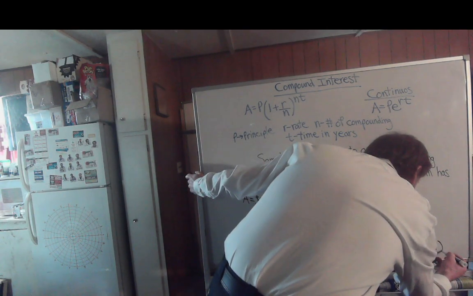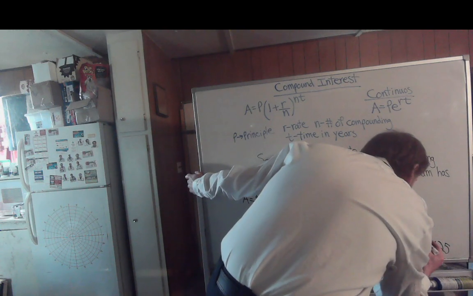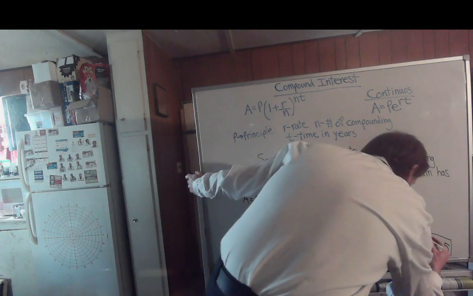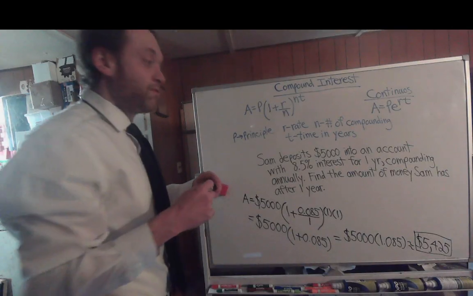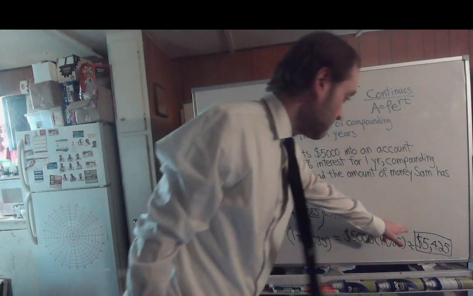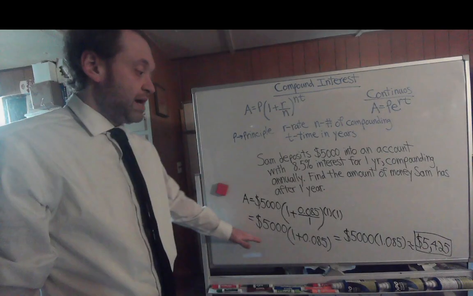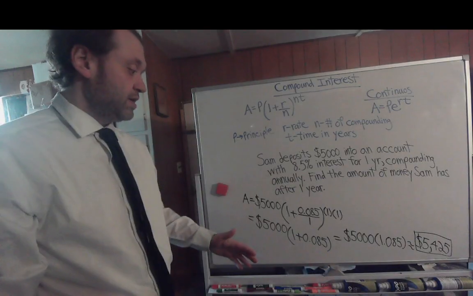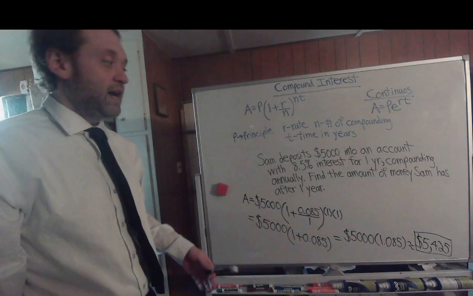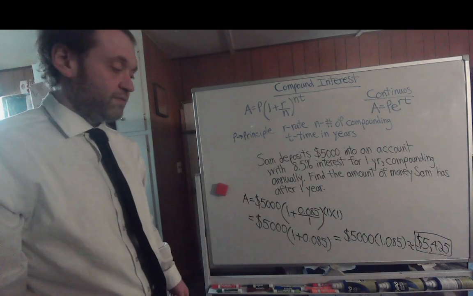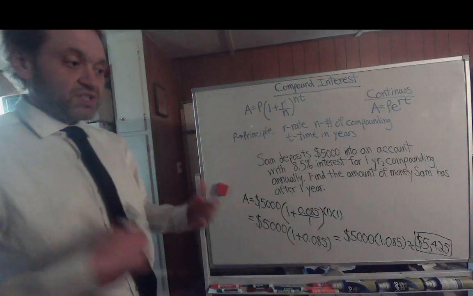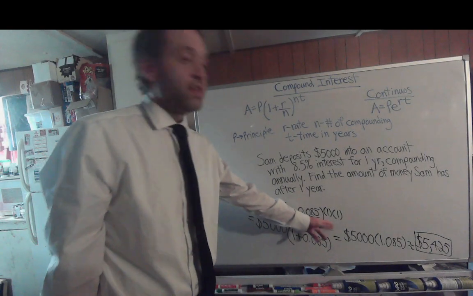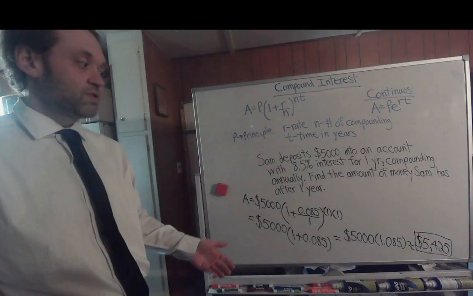So Sam would have roughly, actually he'd have exactly $5,425 if this compounded annually at 8.5% interest for 1 year. So he would gain $425 out of just letting his money sit in that account for a year. And of course that's going to increase if he left it in there for 2 years, for 3 years, or so on.